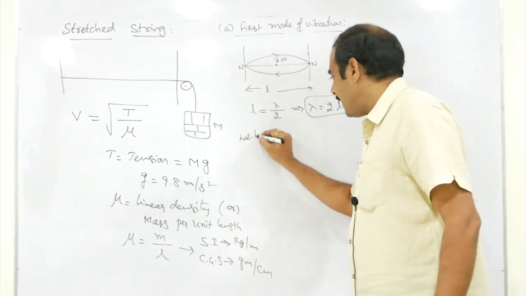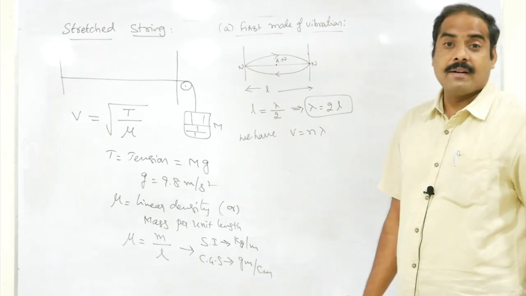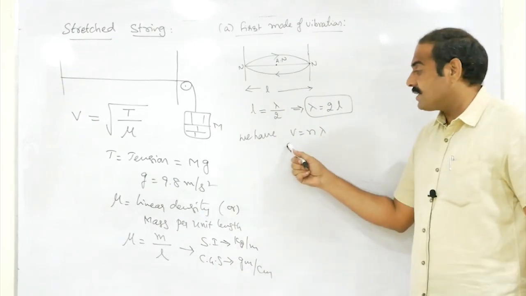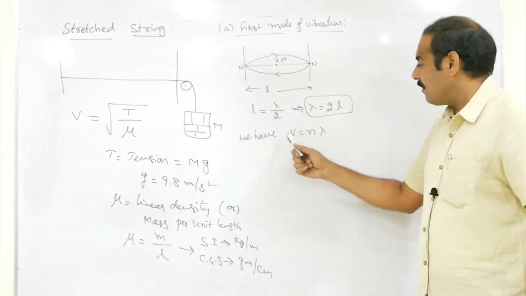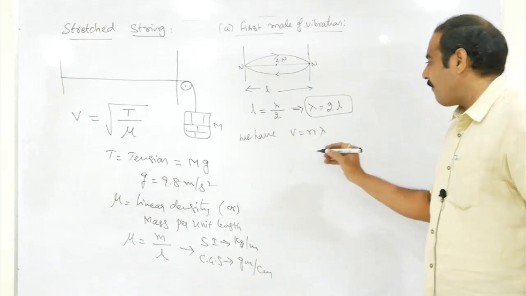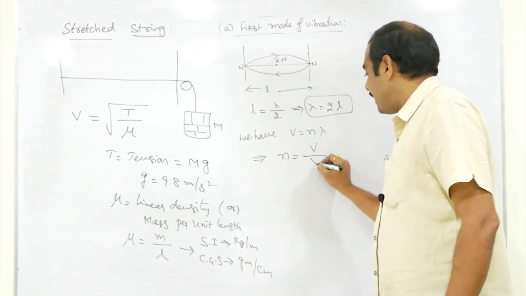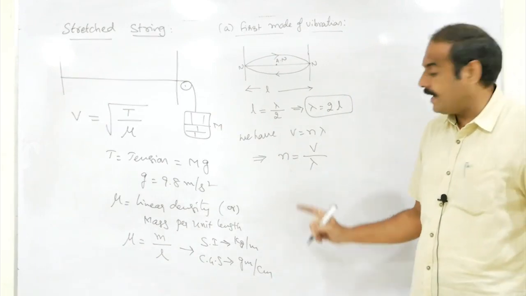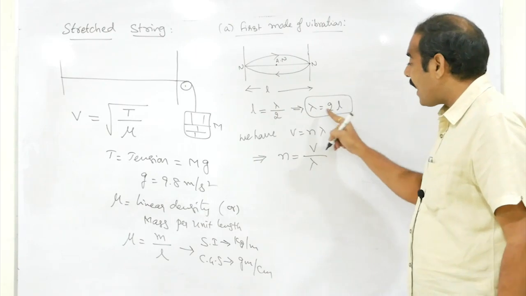Now, we have v is equal to n lambda. This equation gives the relation between velocity, frequency and wavelength. Now from this, I want the frequency. n is equal to v by lambda.